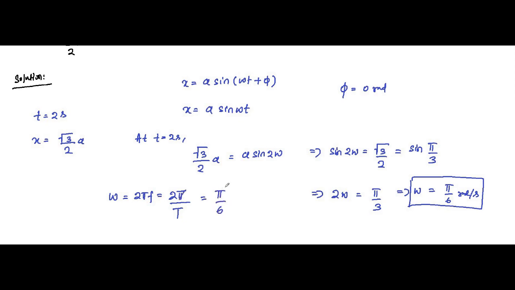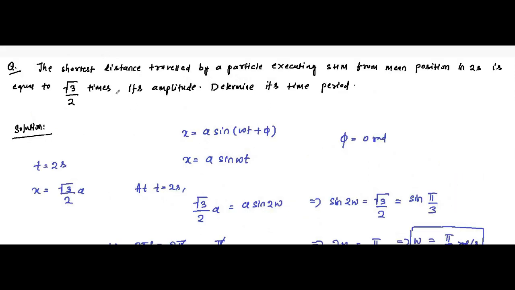That implies T is equal to 2 into 6, that is T is equal to 12 seconds. That is the time period which was asked for this simple harmonic motion.